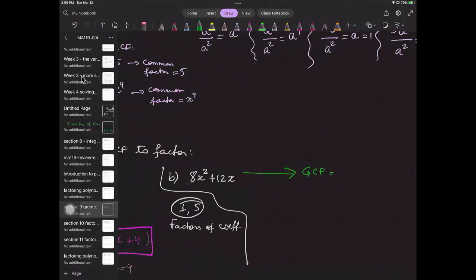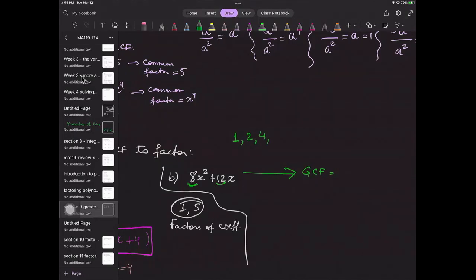First, let's look at the two numbers. So there is an 8 and there is a 12. Look for what is common divisors, meaning divide both numbers. And whatever is the largest number, that is part of the GCF. So obviously 8 and 12 can be divided by 1. 8 and 12 can be divided by 2. 8 and 12 can be divided by 4.